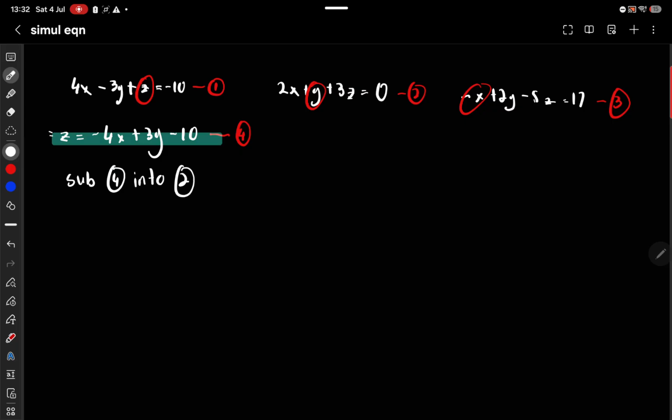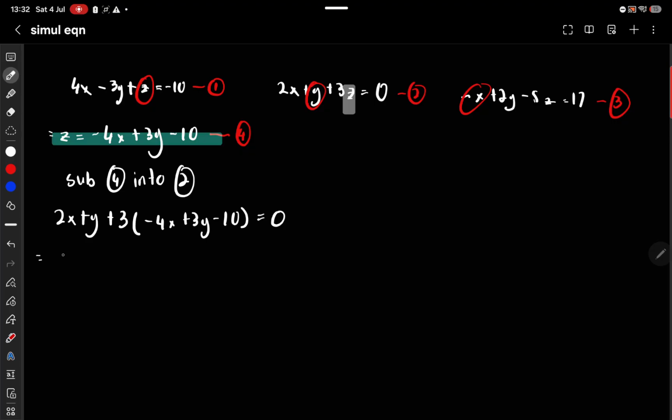We take our 2x plus y plus 3, but you're not going to write z over here because we've already found our z, which is negative 4x plus 3y minus 10. So we're going to open a bracket, put in that equation, minus 10, and then continue like how we usually would solve this type of thing.